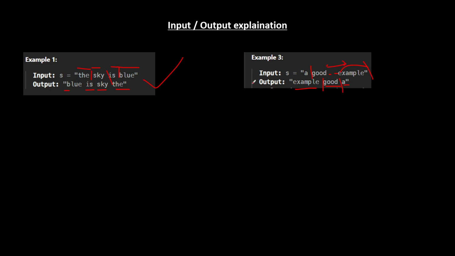Now it is one. So we have to reduce the extra spaces from the start if there are any, right? And remove the extra spaces if there are any in between and at the end, and return the reverse string. So we understood the input and output and how they are working.